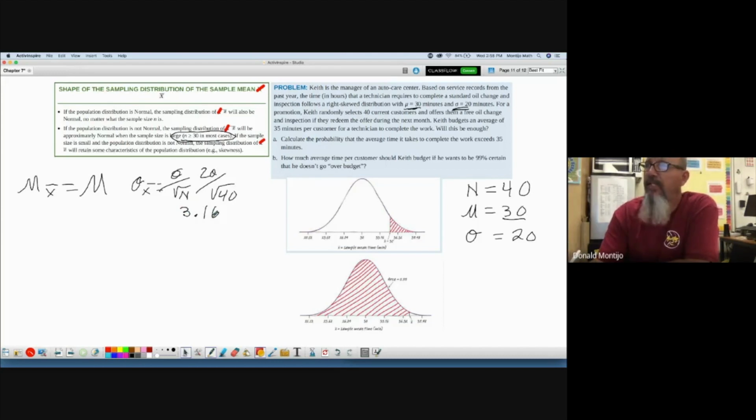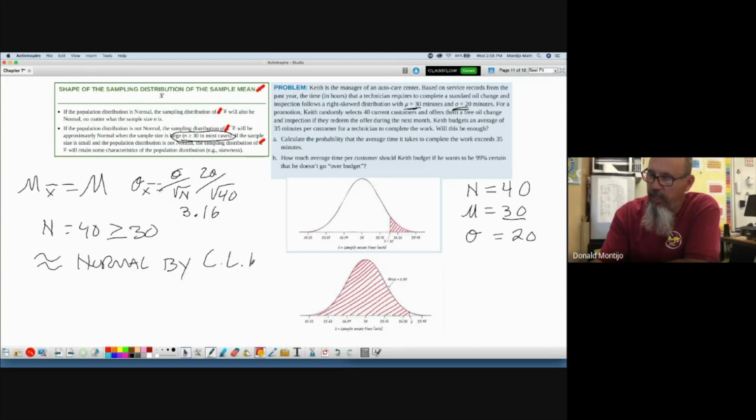What's the shape? Is it normal? Well, n equals 40, which is greater than 30. Therefore, the data is approximately normal by the central limit theorem.